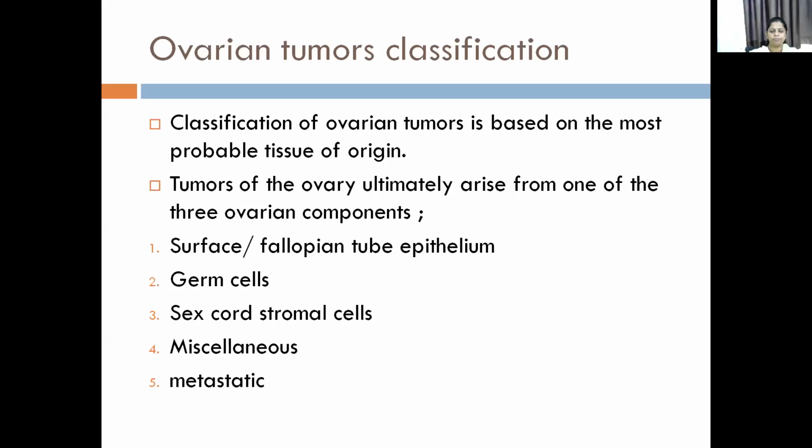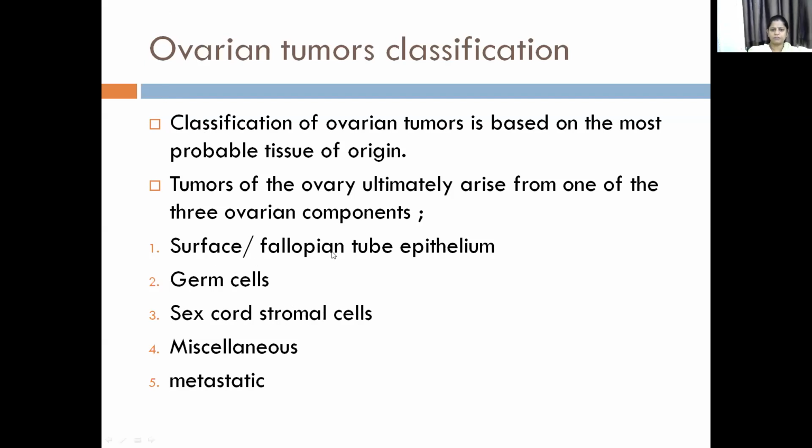Now coming to the classification of ovarian tumors, it's a bit confusing, but once you understand the concept, you can easily know the classification. Classification of ovarian tumors is based mostly on the probable tissue of origin. Tumors of the ovary ultimately arise from one of three ovarian parts: surface epithelium, germ cells, or the stroma.